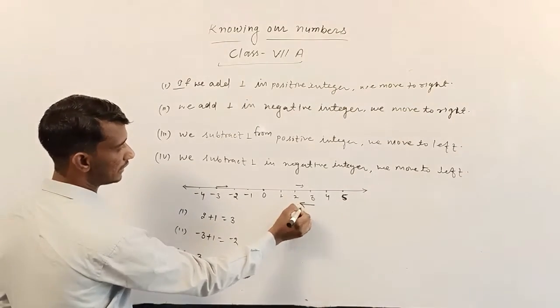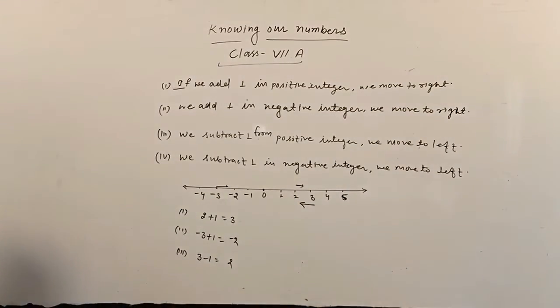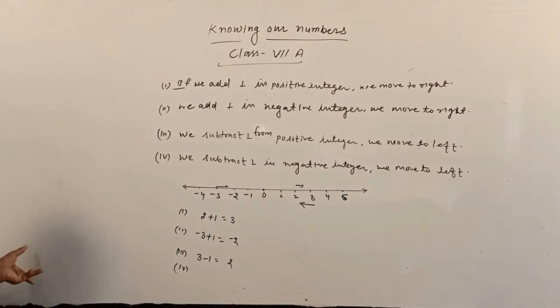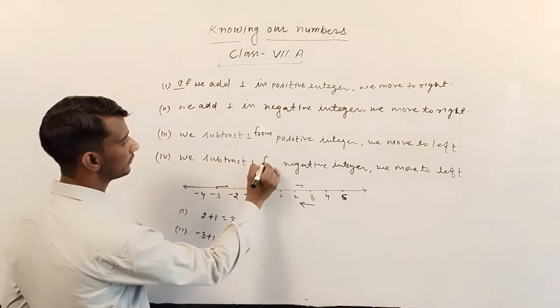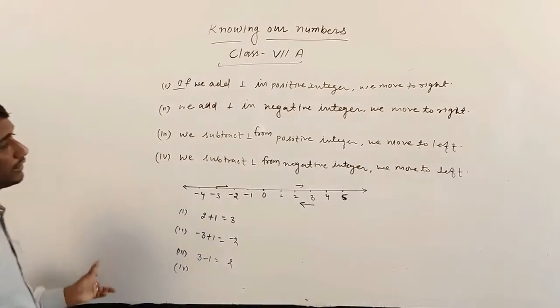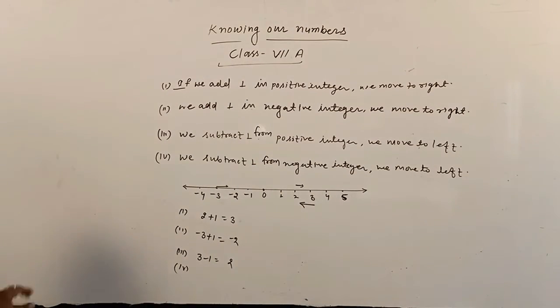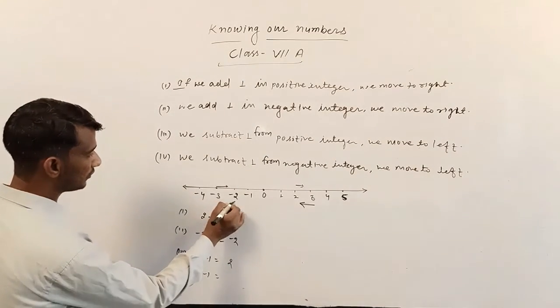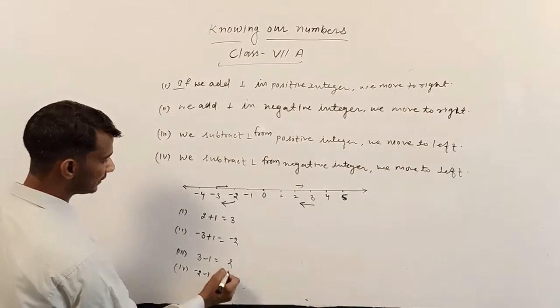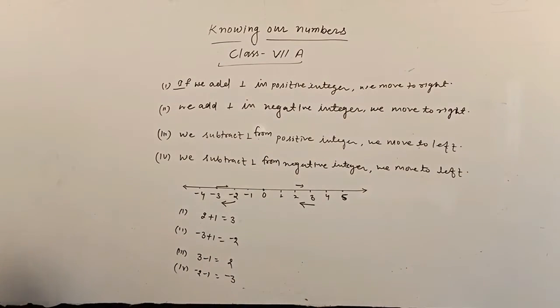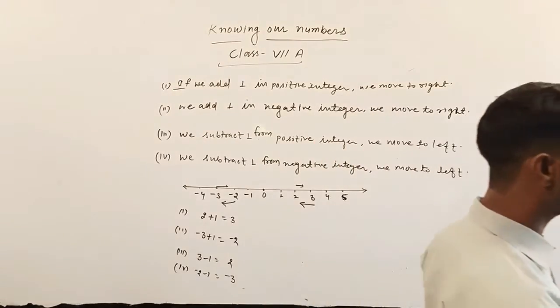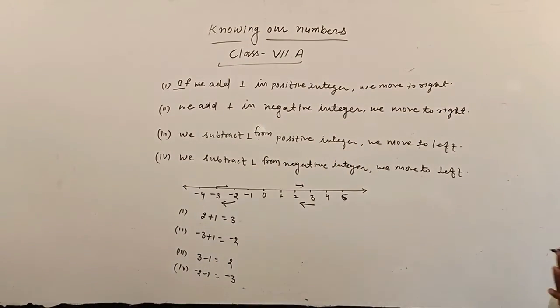And last, if we subtract 1 from a negative integer, we take -2 and subtract 1, so we get -3. This direction is clear. In this way you can understand the concept of adding and subtracting integers.